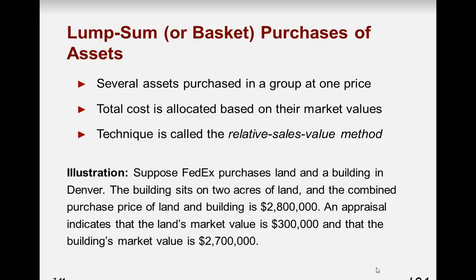We can't record it at market value because we have to record assets at their historical cost, at what we paid for them. You should recall that from Chapter 1 with the historical cost.